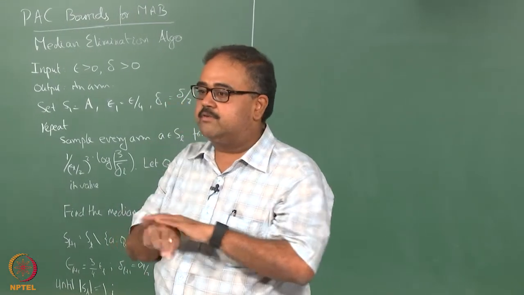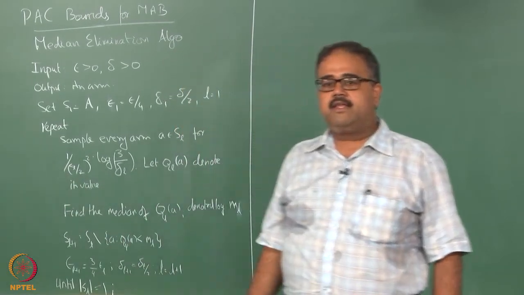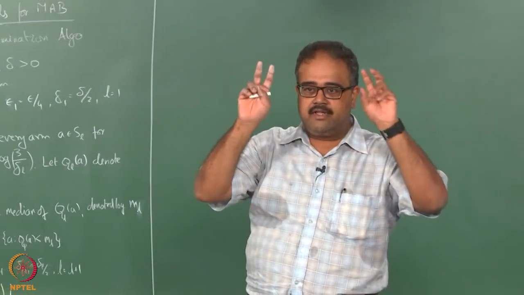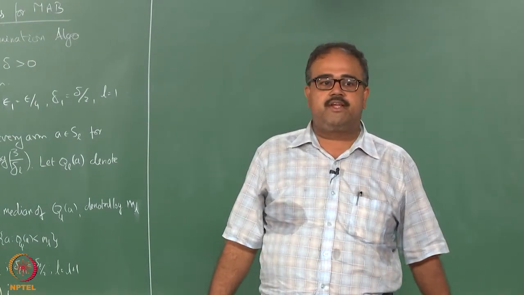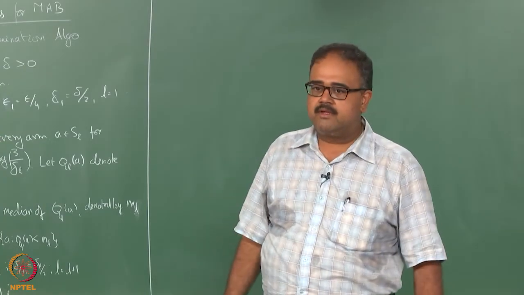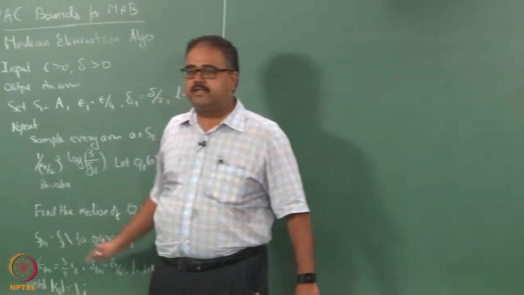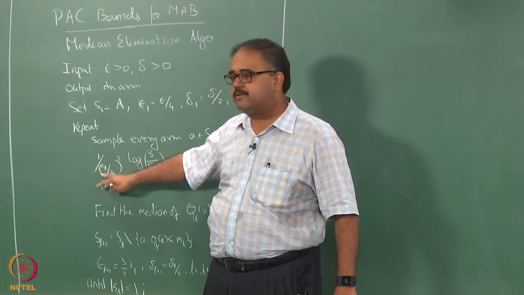So essentially, what we do is we start off with k arms. Median elimination is going to proceed in rounds. In the first round, we pull each arm some number of times, determined by this magic quantity. Can people read this magic quantity?